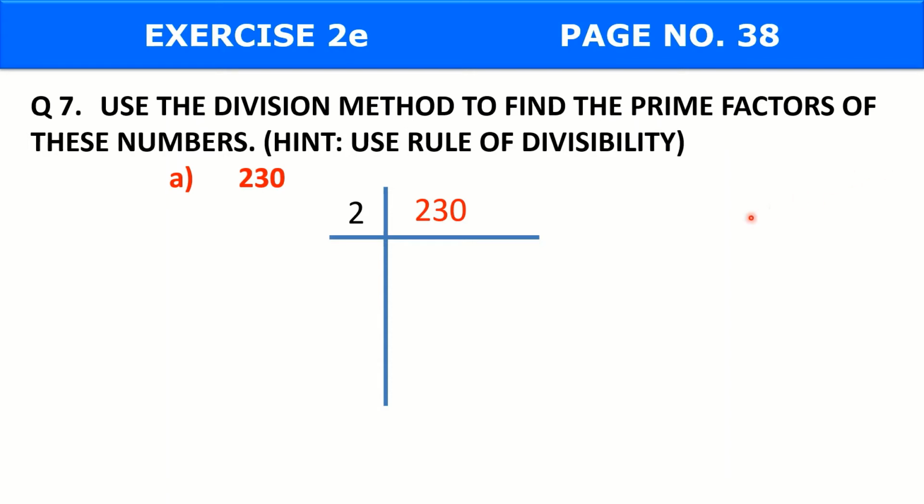As you see, the last digit of the given number is 0, which is even, so it is divisible by 2. Also, if your last digit is 0, the number is also divisible by 5. But we will go with the smallest possible prime number that will divide 230 completely.